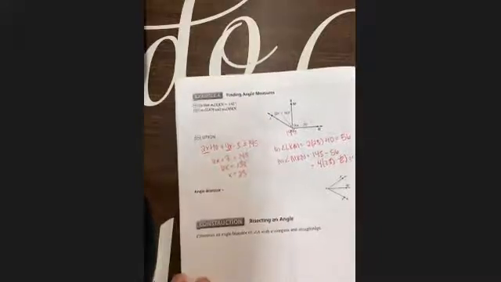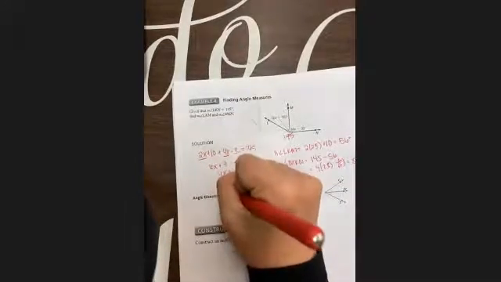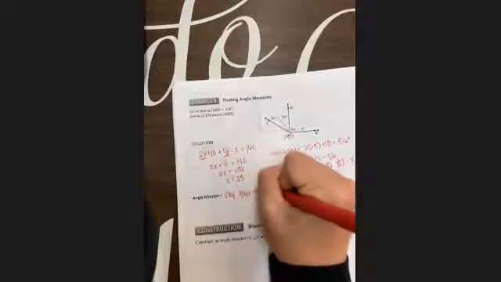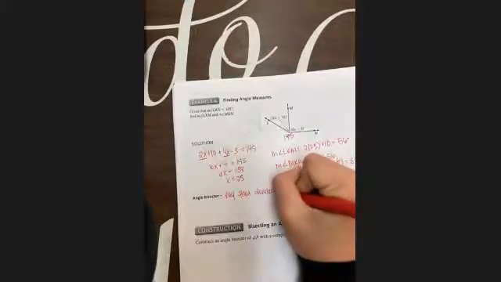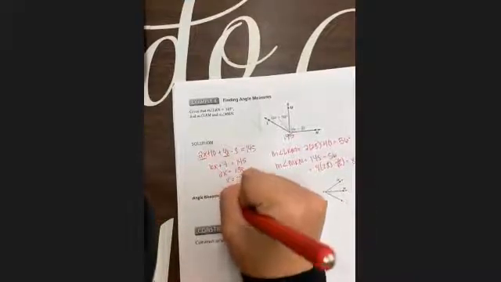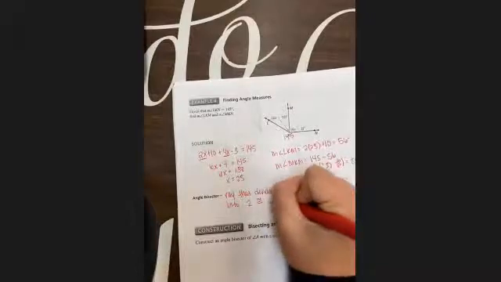Okay. All right, angle bisector now. We talked about bisect before, and bisect, remember, means cut in half. So it would just be a ray this time that divides an angle into two congruent angles.